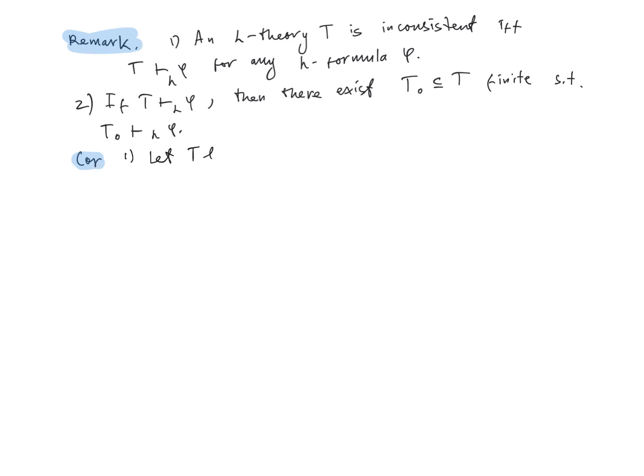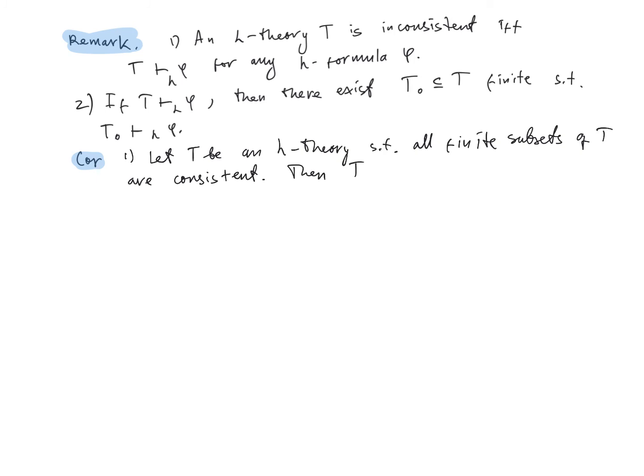Let T be an L theory such that all finite subsets of T are consistent, then the whole theory T is also consistent. So this, of course, follows by part 2 of the remark.